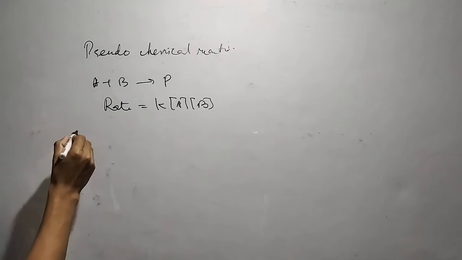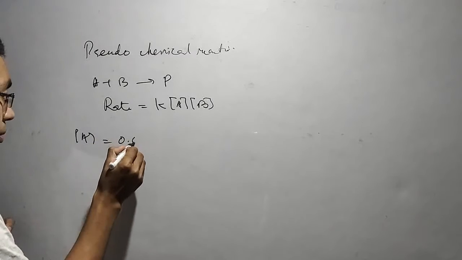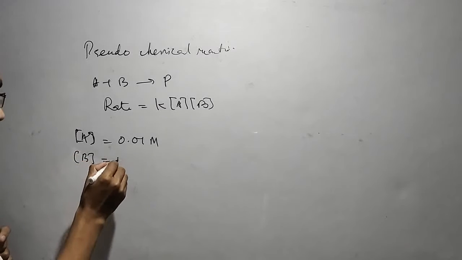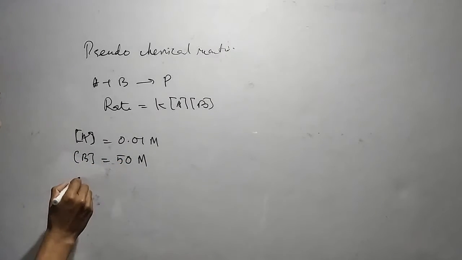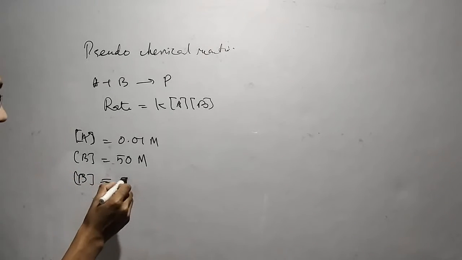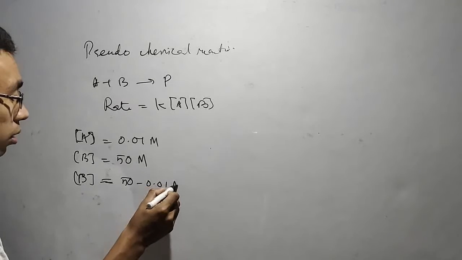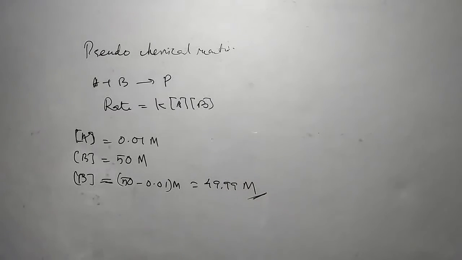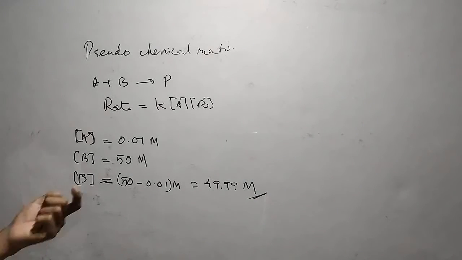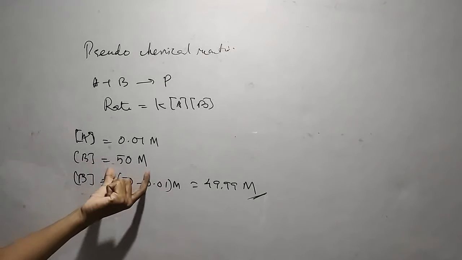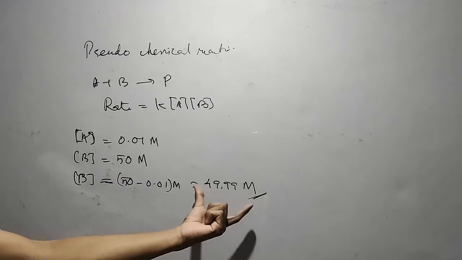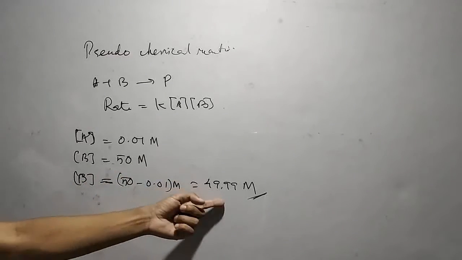Say, for example, the concentration of A is 0.01 molar and the concentration of B is 50 molar. Then the concentration of B left after the reaction will be 50 minus 0.01 molar, which is equal to 49.99 molar. That means the initial concentration of B was 50 molar, and after the reaction this much is still left.